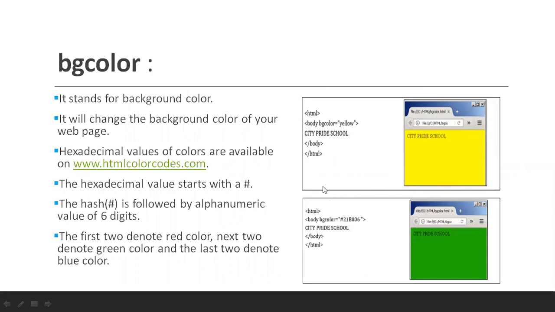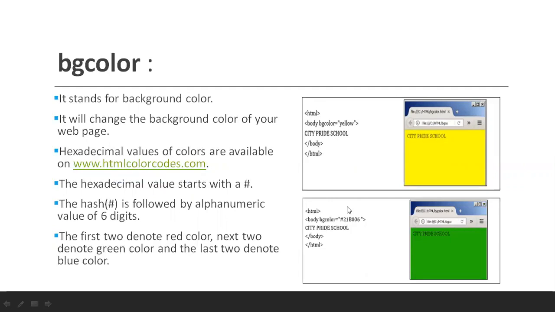So in the computer, you have codes for all the colors. These codes are hexadecimal values of colors, and you can find them on htmlcolorcodes.com. If you open www.htmlcolorcodes.com, you get different hexadecimal codes. Why is it called hexadecimal?